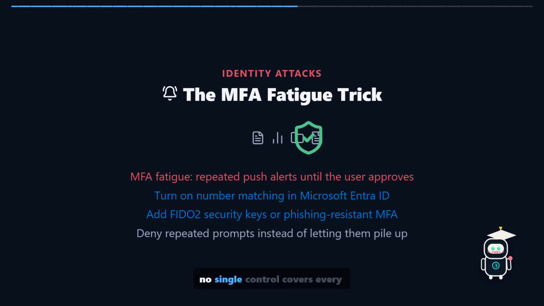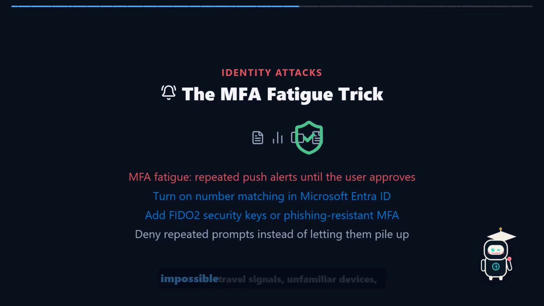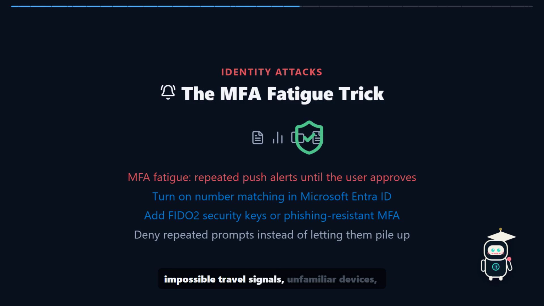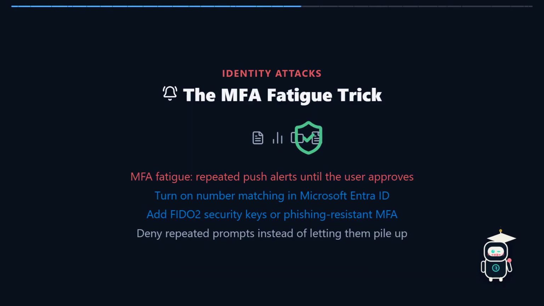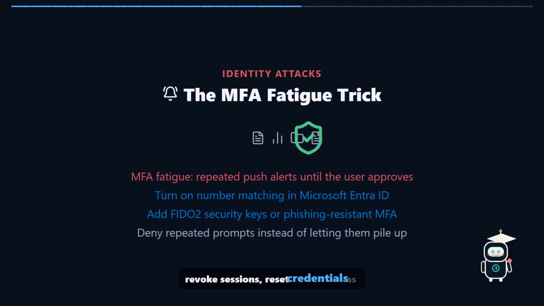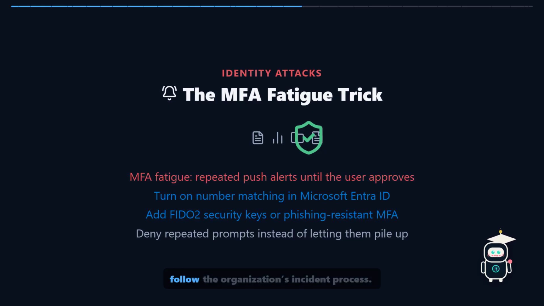It means no single control covers every attack path. Watch for unusual sign-in patterns, unexpected token use, impossible travel signals, unfamiliar devices, or actions that do not fit the user's normal activity. When suspicious activity is confirmed, revoke sessions, reset credentials as appropriate, investigate the endpoint, and follow the organization's incident process.